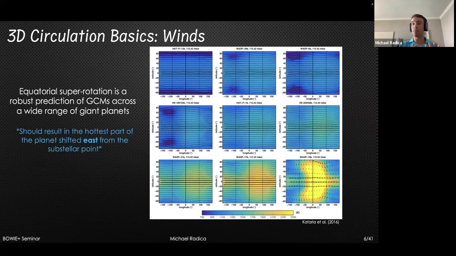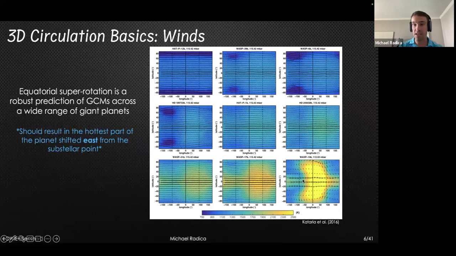And so one of the first major observable outcomes of this, and I'm going to put major observable outcomes that we should be keeping in mind for the rest of the talk on slides in blue, is that this bulk east to west flow should result in the hottest part of the planet being shifted east from the substellar point.